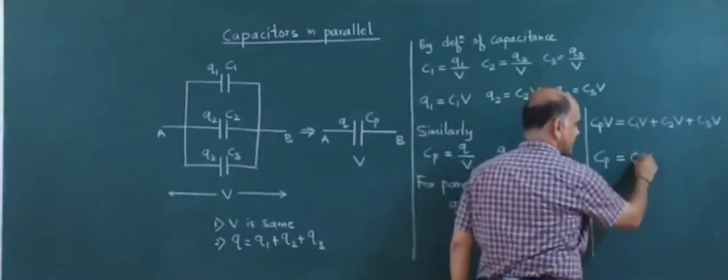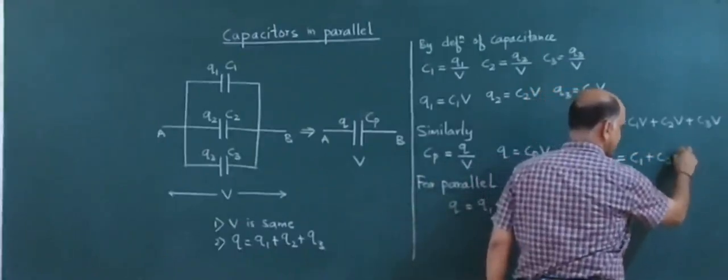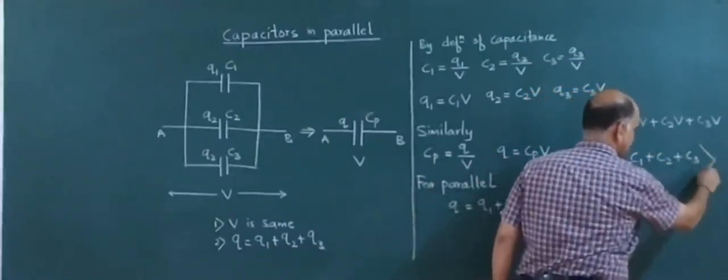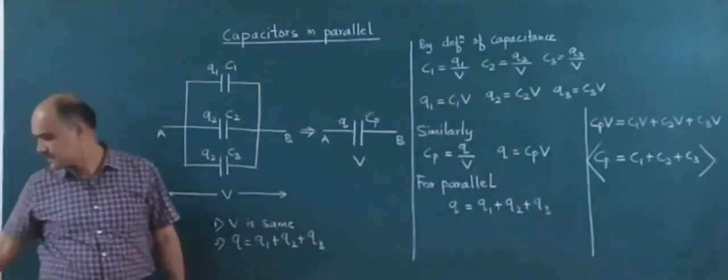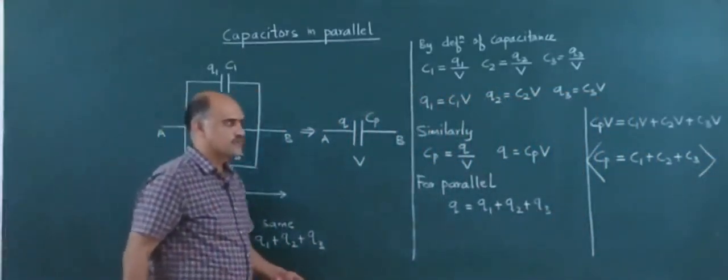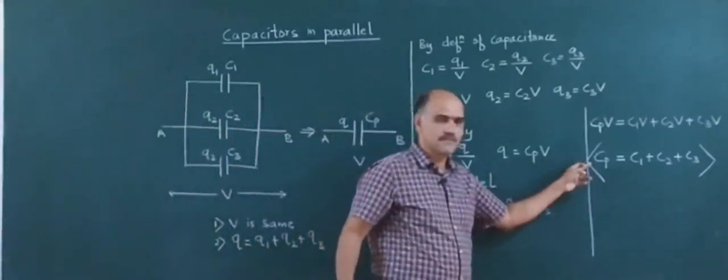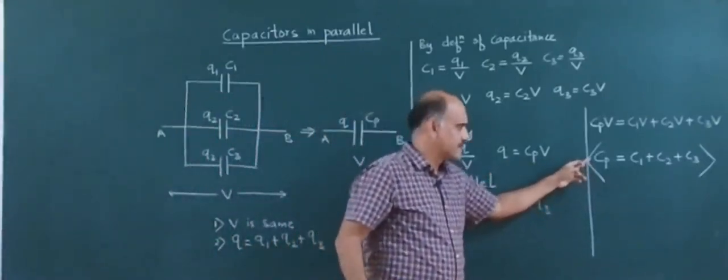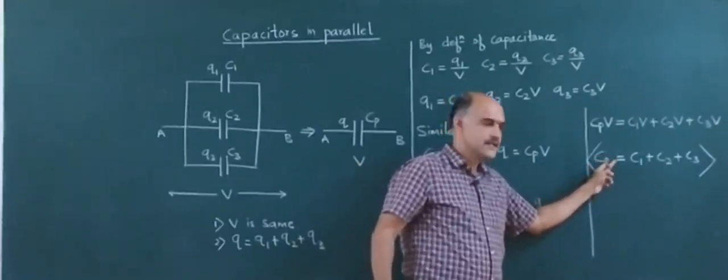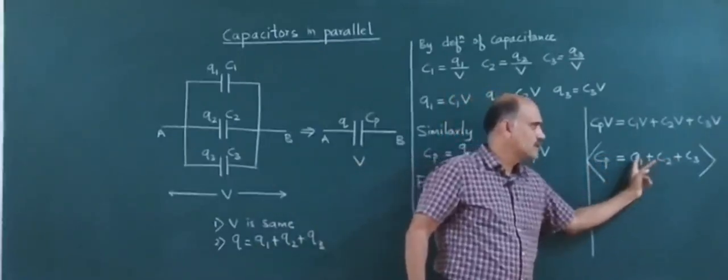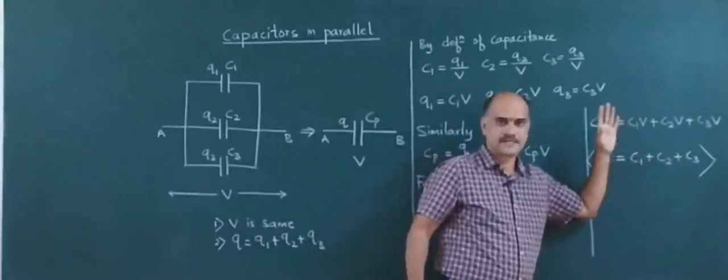So I will have Cp is equal to C1 plus C2 plus C3. So this is the equivalent capacitance in parallel. So you can say equivalent capacitance in parallel is equal to the sum of individual capacitances.